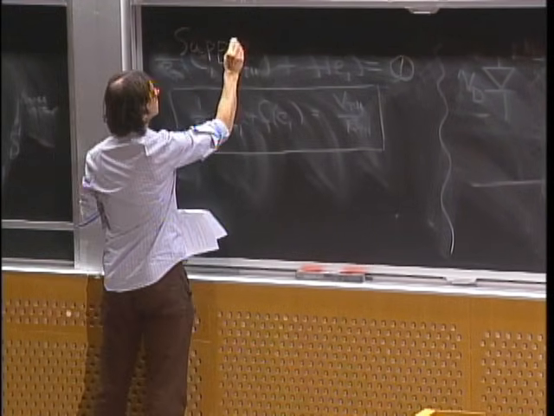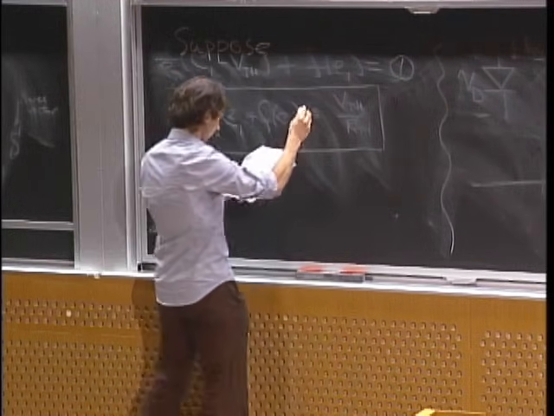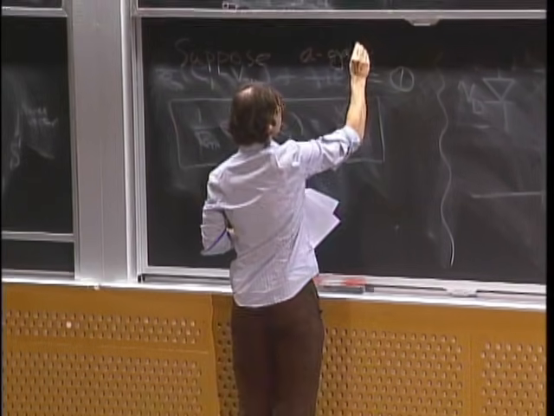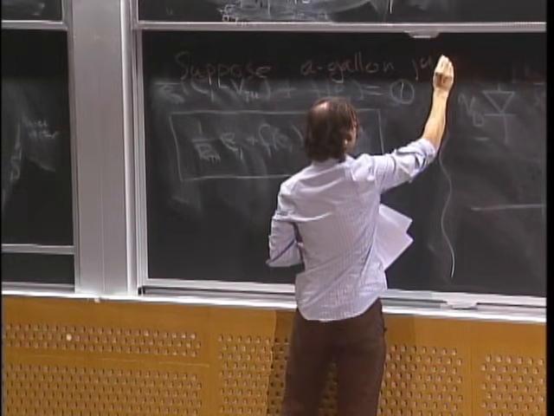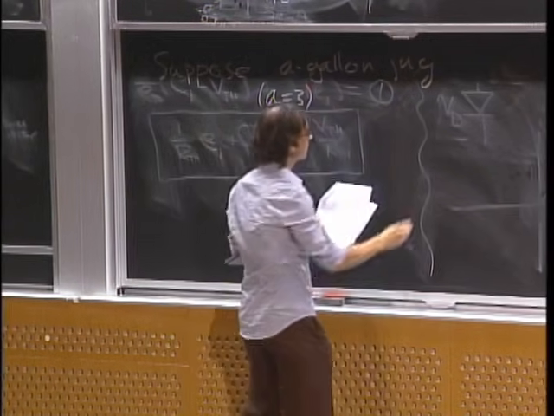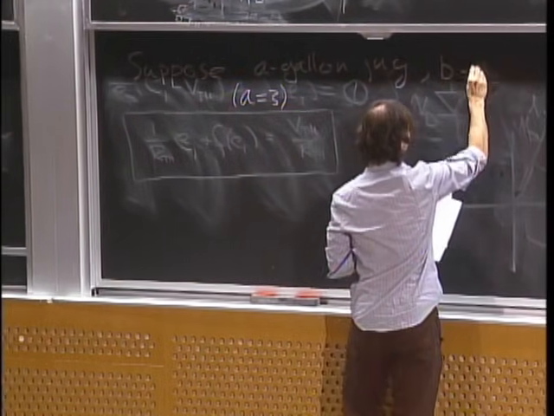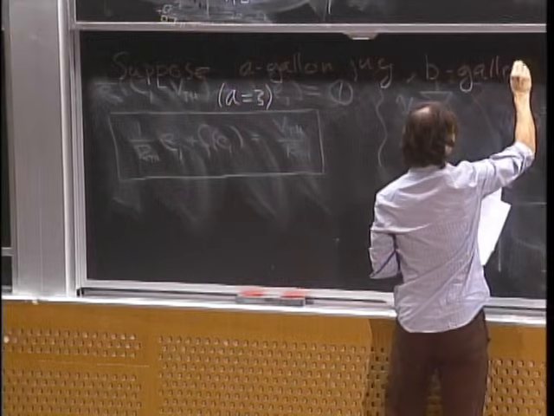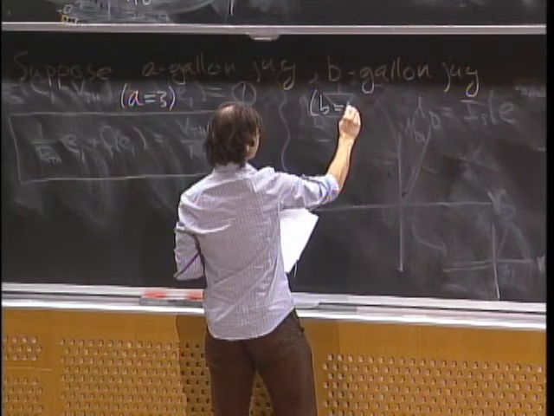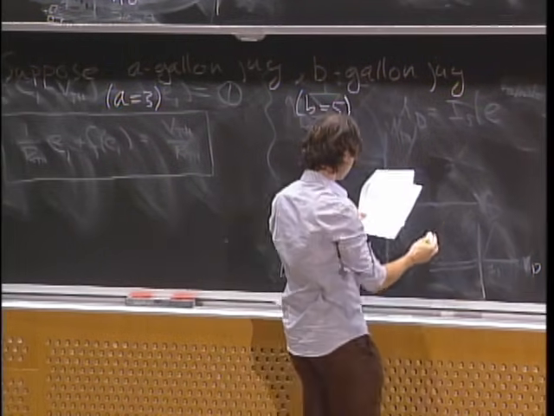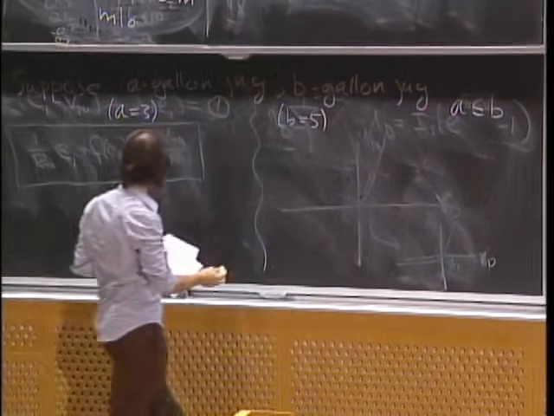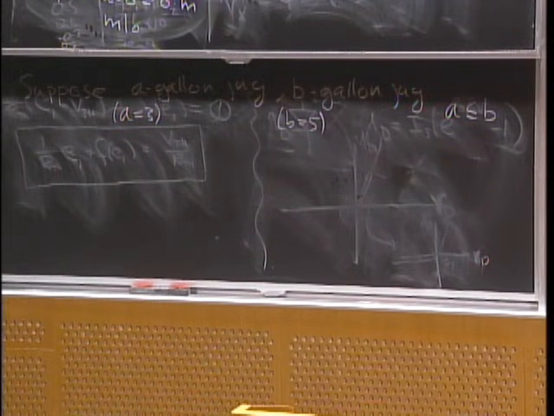So suppose we have an A gallon jug. So in our case, A equals 3. And we have also a B gallon jug. And in our case, B equals 5, right? And we assume that A is at most B. That is sort of the situation that we are working with.